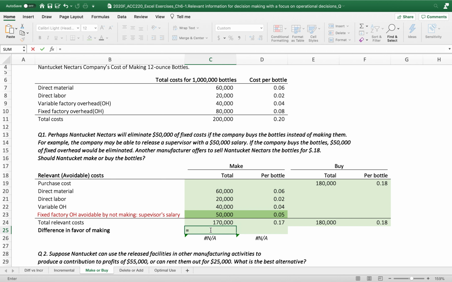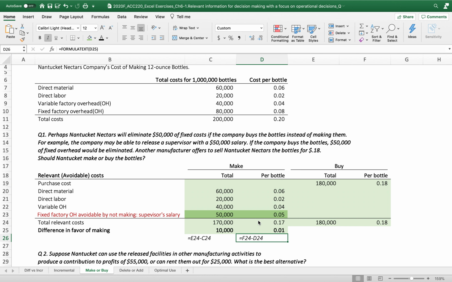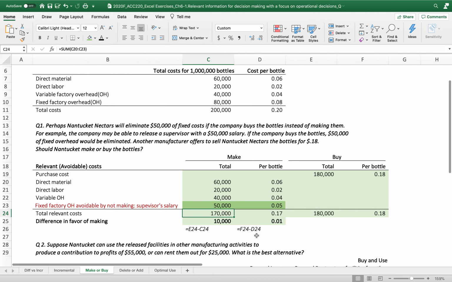So we put the difference between the two. So avoidable cost, the relevant cost in making, $170,000 is the amount we have to pay if we are making; the buying case is 180,000. Definitely we have to choose the making case.